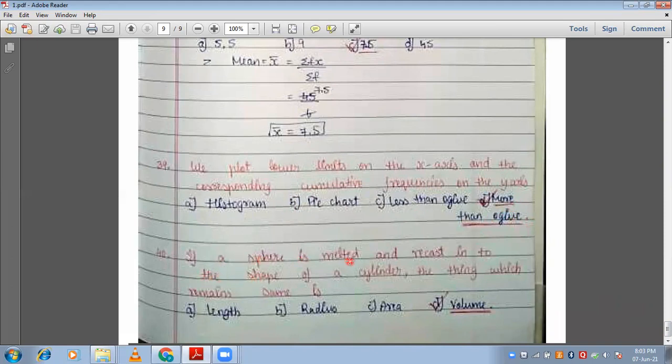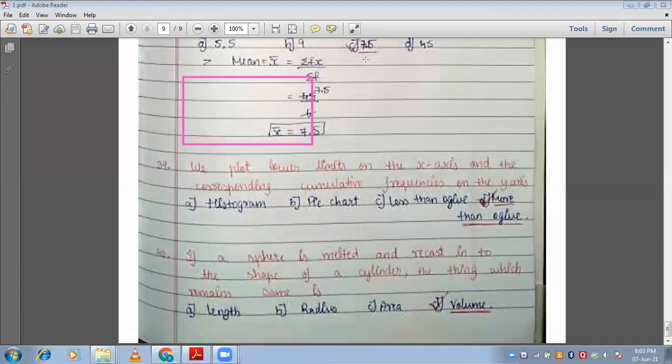Next. If a sphere is melted and recast into the shape of the cylinder, the thing which remains same is dash. For example, you bought a family pack ice cream. It's in the shape of a rectangle.